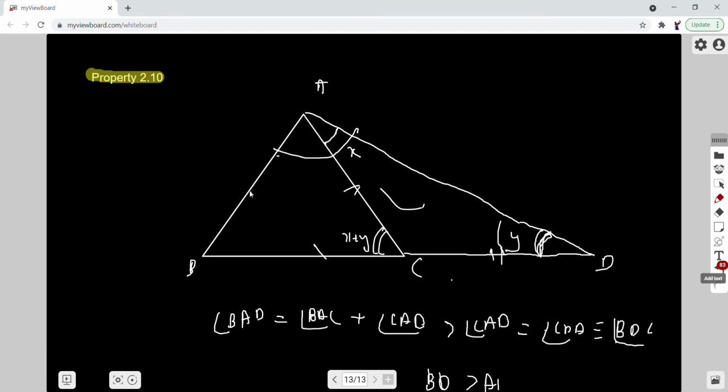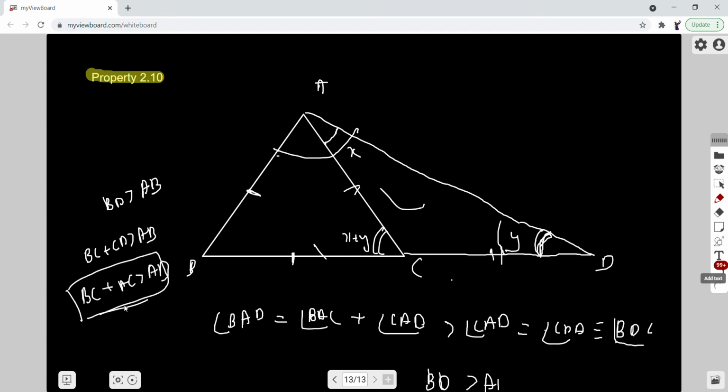So we get BC plus CD is greater than AB, and BC plus CD is nothing but AC, so AC is greater than AB. Similarly, we can prove the rest, which is AB plus AC greater than BC.